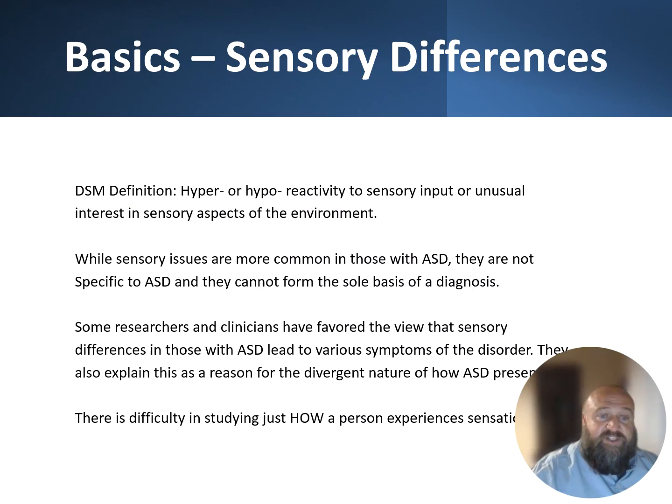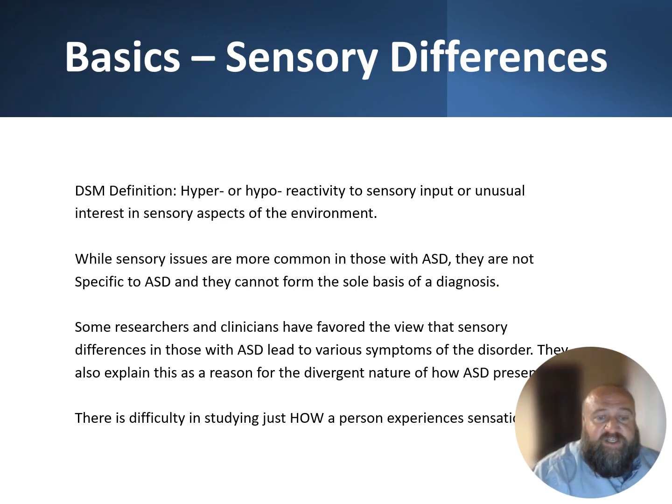While sensory issues are more common in those with ASD, they are not specific to ASD, and they cannot form the sole basis of a diagnosis. That's really important, right? Even though people say sensory disorder, it is not only that. And indeed, some people have a very, very minimal influence by it as a whole.